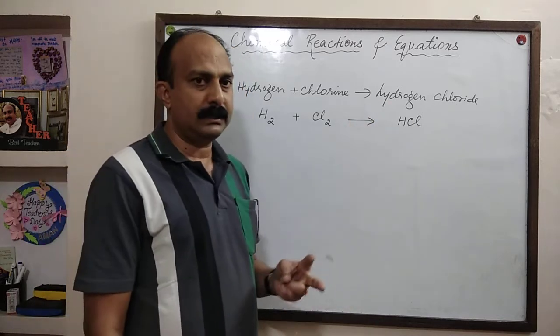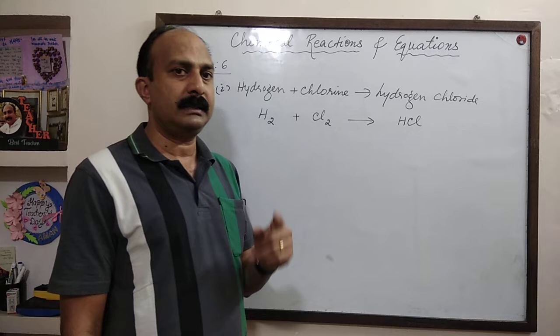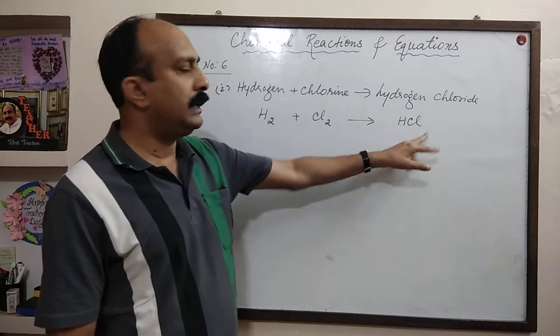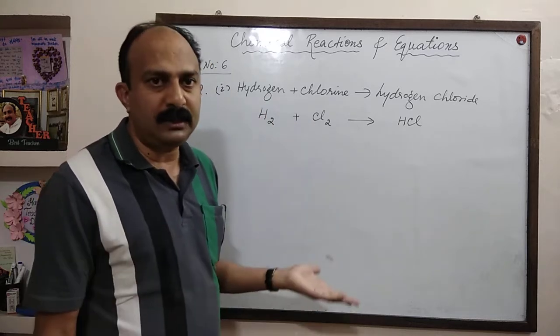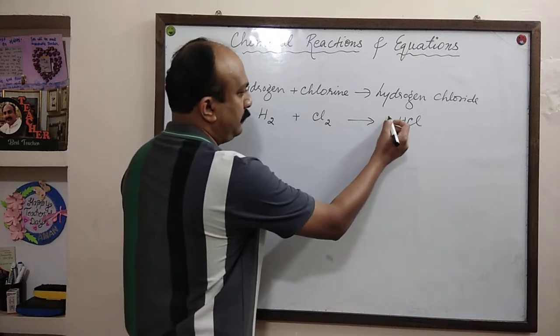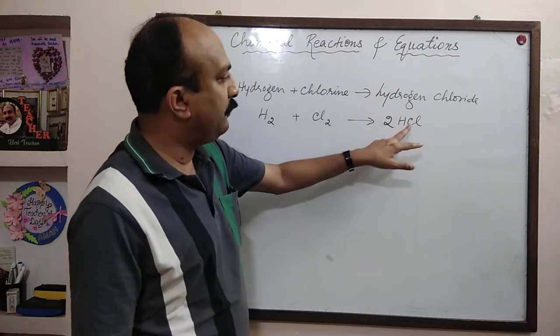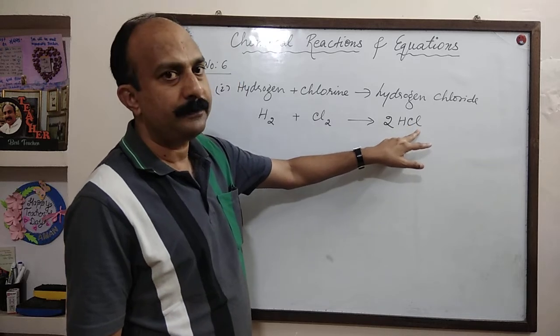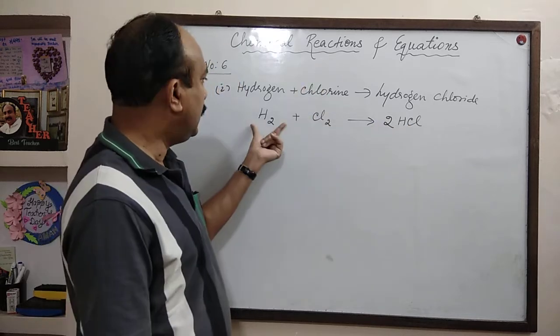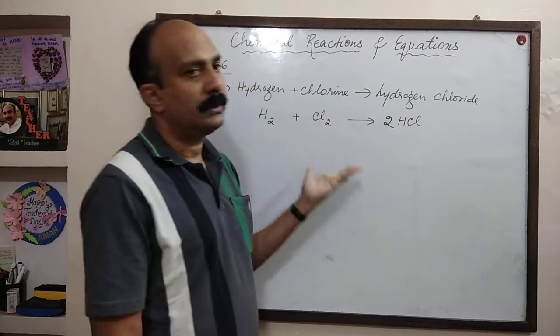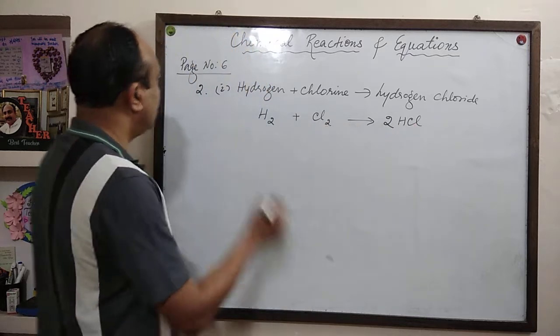So in RHS, the number of atoms is less, by 2. Here it is 2, 2 and here it is 1, 1. So it is very easy to balance. When we put 2 here, 2 HCl, this 2 is applicable for both H and Cl. Now count the numbers. H2, H2. Cl2, Cl2. It is balanced.